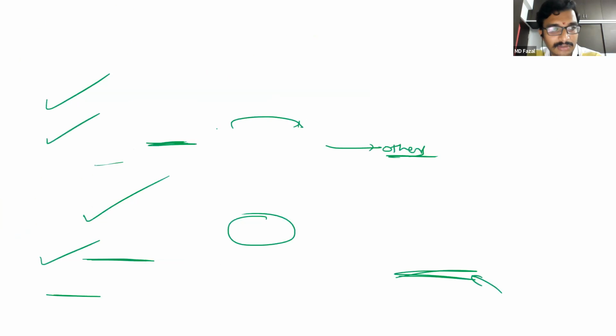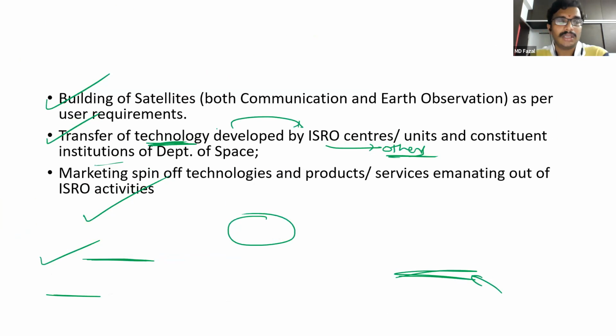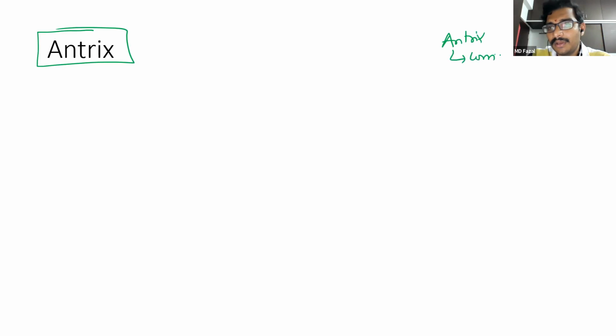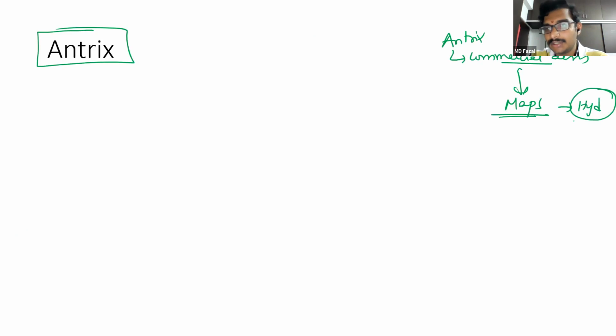Okay, so IN-SPACe is a regulator, NSIL is a company, whose roles we have seen. We have an old one called Antrix Corporation. The role of Antrix is like a commercial arm of ISRO. For example, ISRO has created maps of Hyderabad, suppose you want to purchase these maps, that is done through Antrix.